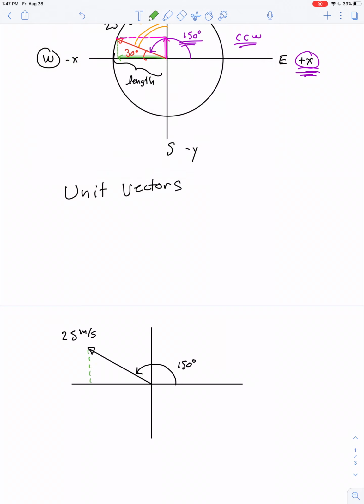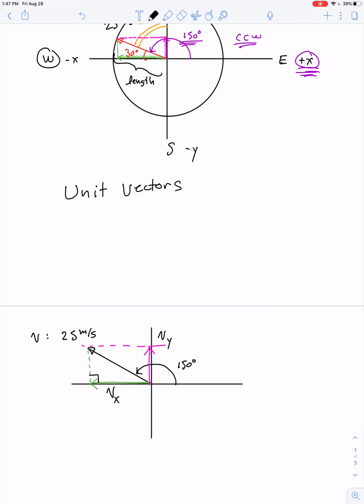One lies exclusively along the x-axis, and a second lies exclusively along the y-axis. If we're labeling this vector v because it represents a velocity, then we can call this v subscript x for the horizontal component and v subscript y for the vertical component.